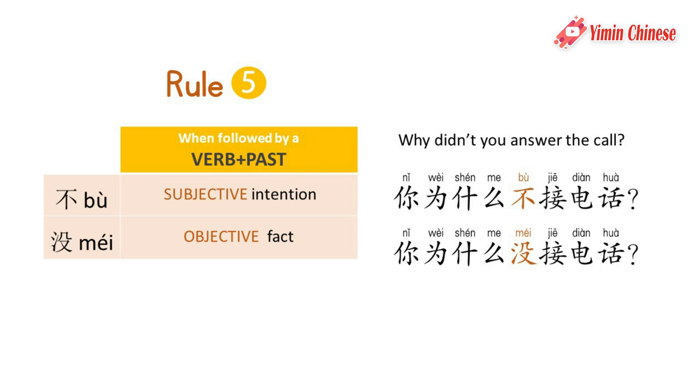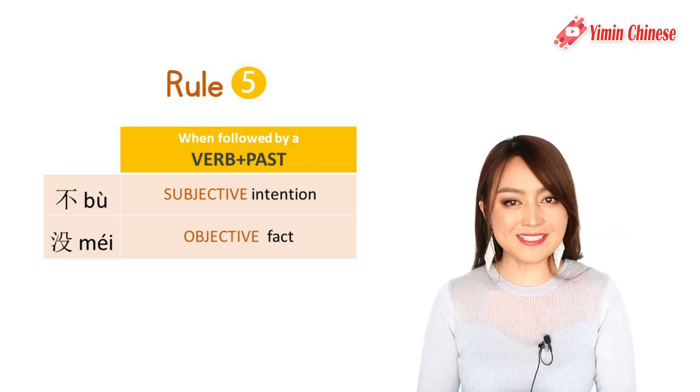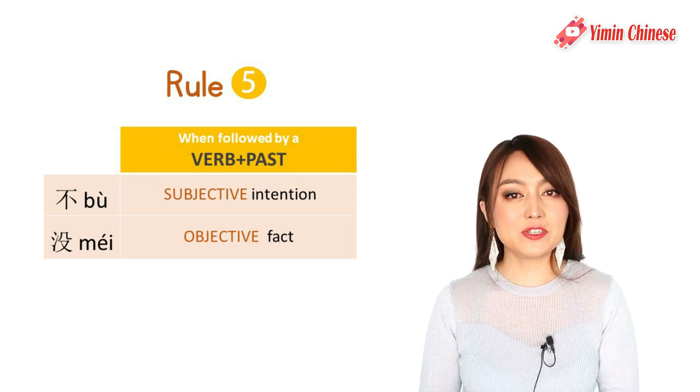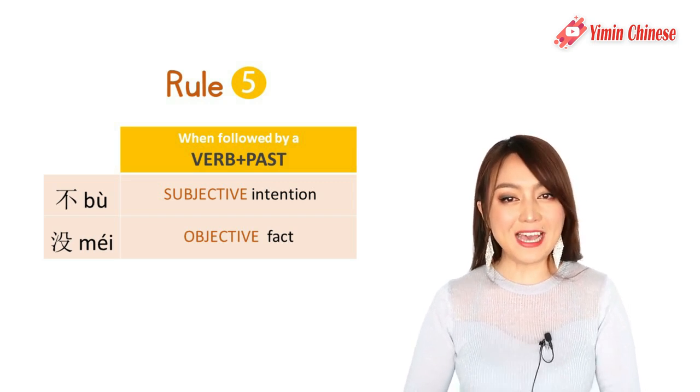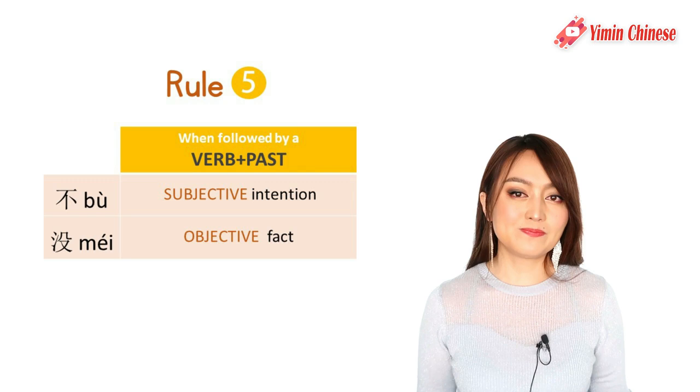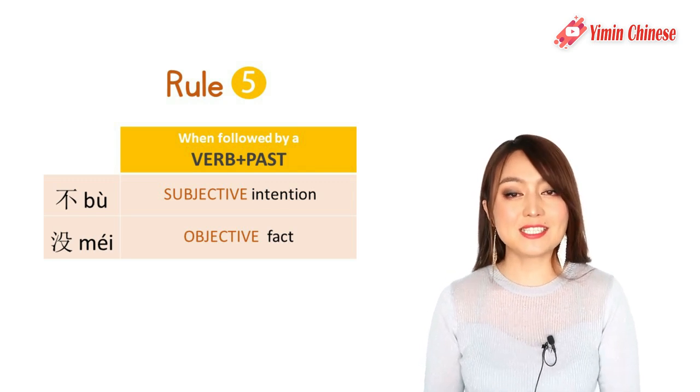Therefore you saw and heard the phone ring, but you decided to not answer it for some reason. So it refers to a subjective intention, the actual intent not to answer her call. So remember, when it's used for past tense, 没 just refers to the objective fact, while 不 implies subjective intention.